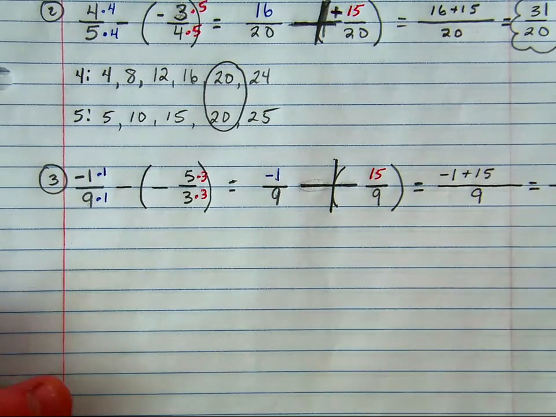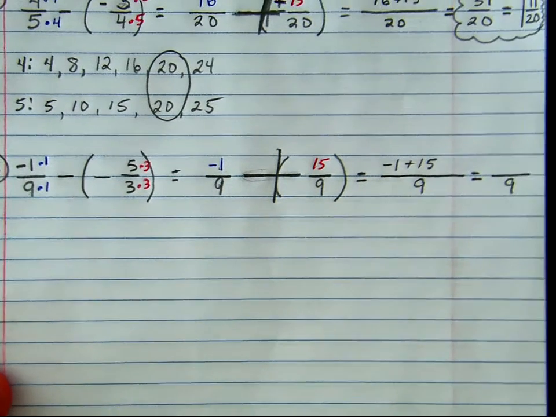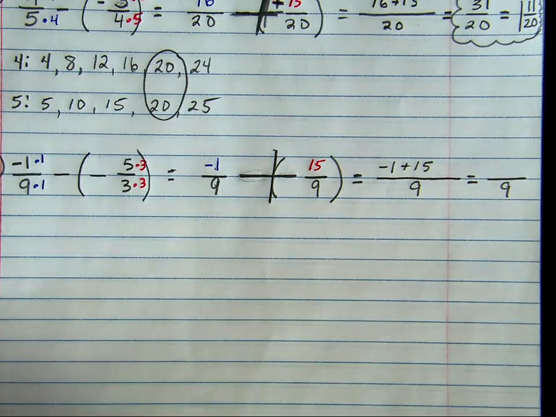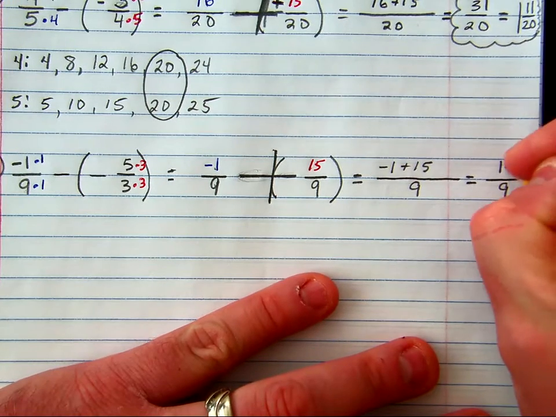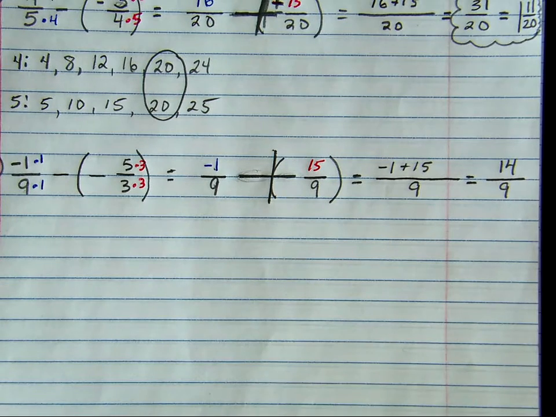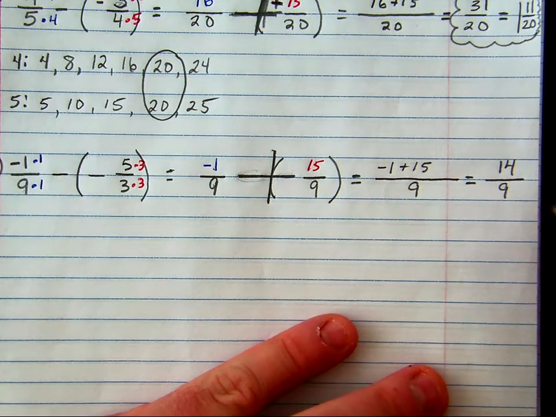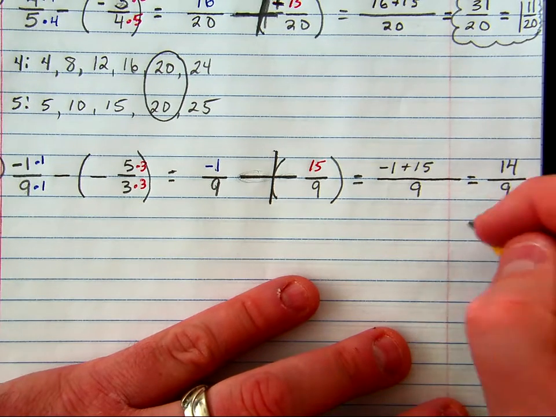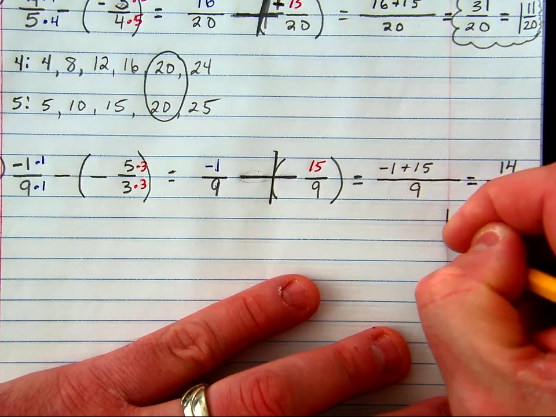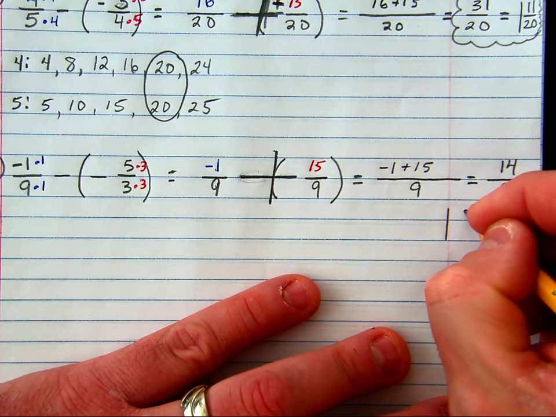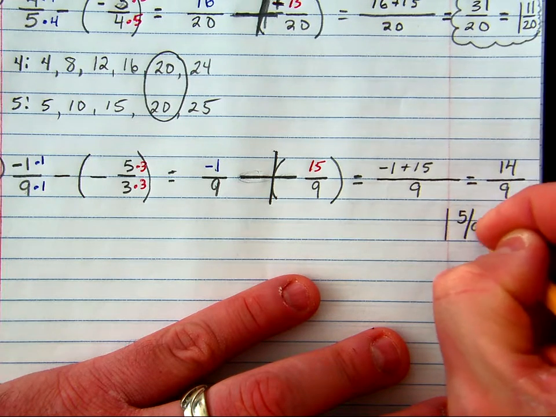And what's negative 1 plus 15? Austin? 14 is correct. And 14/9 is equivalent to 1 and 5/9.